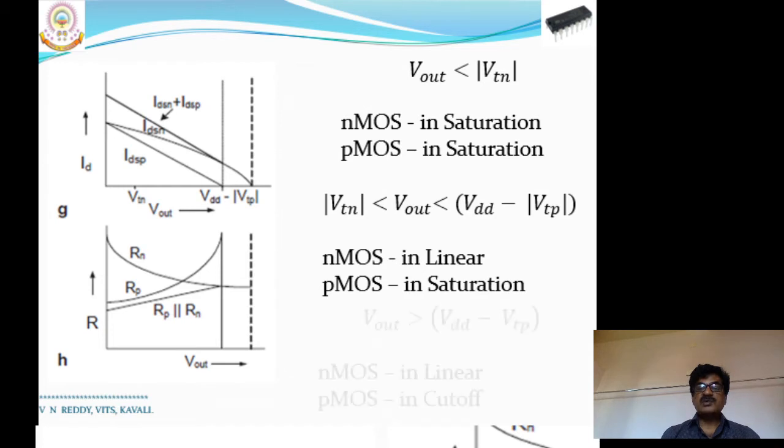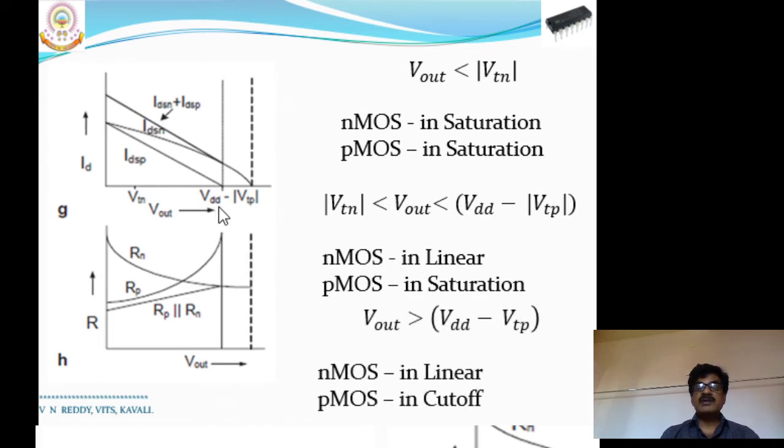Suppose the output voltage is greater than VDD minus VTP, the NMOS transistor operates in the same linear region, but the PMOS transistor comes to cutoff. So the corresponding currents of the PMOS transistor and the NMOS transistor fall like this.